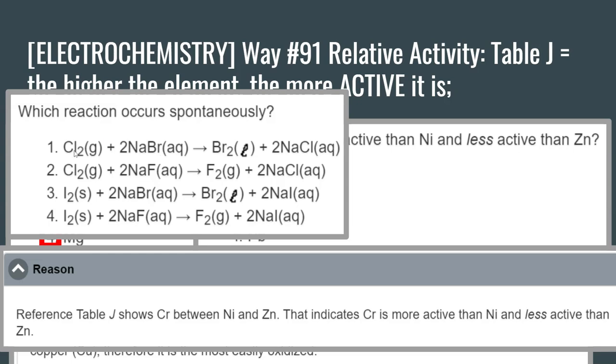To figure out whether the separate nonmetal is going to replace the one in the compound, in order for that to happen, the nonmetal, chlorine for example, has to be higher than the nonmetal inside the compound. So when figuring out whether these reactions occur spontaneously, all you have to do is compare the two nonmetals in the reactions. Once you do that, you'll be able to figure out whether the reaction occurs spontaneously.